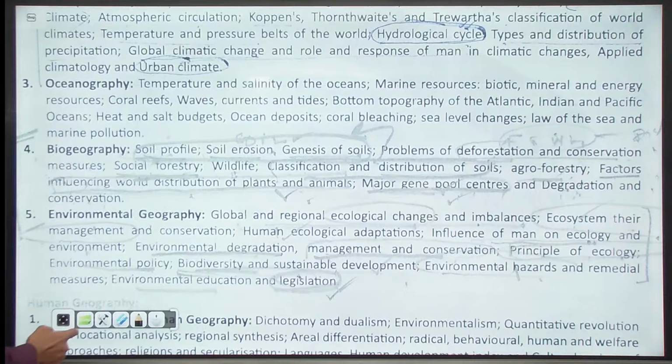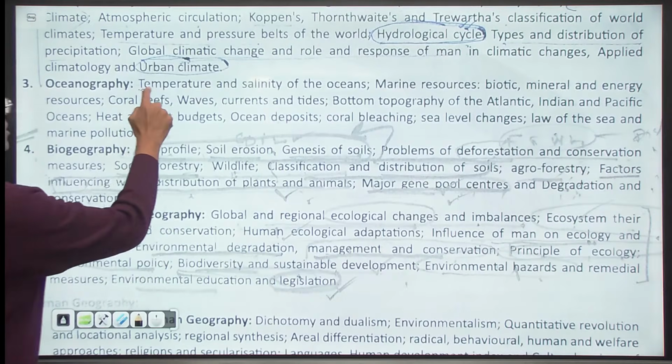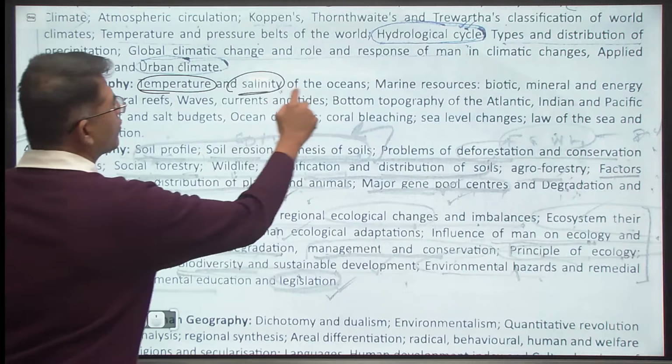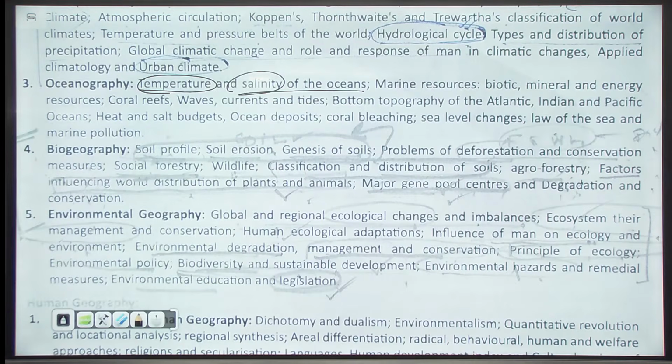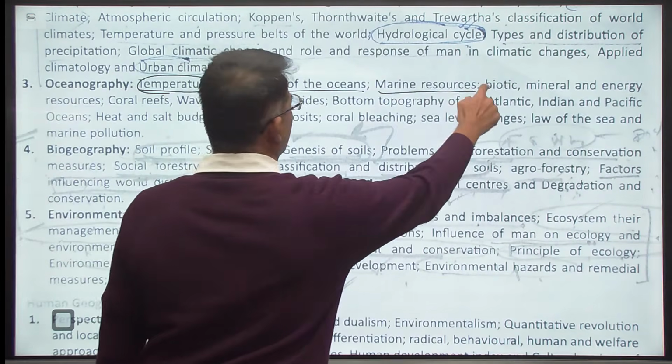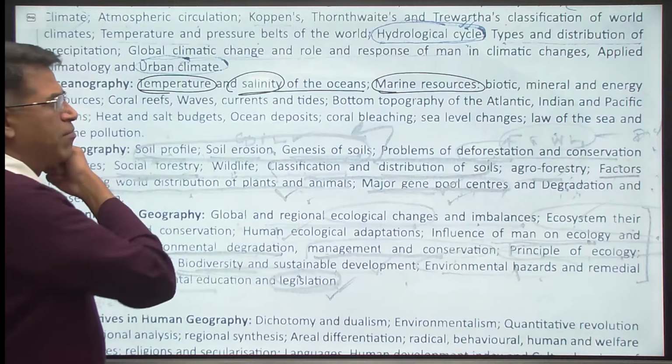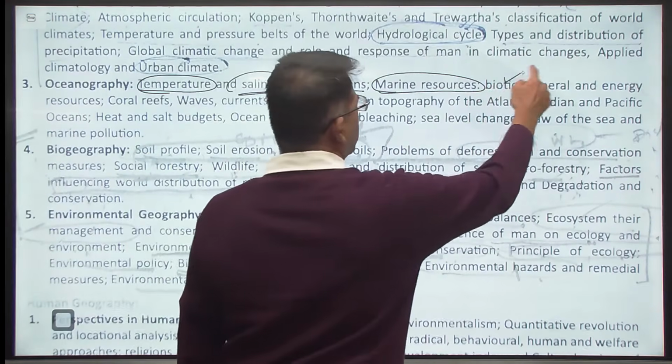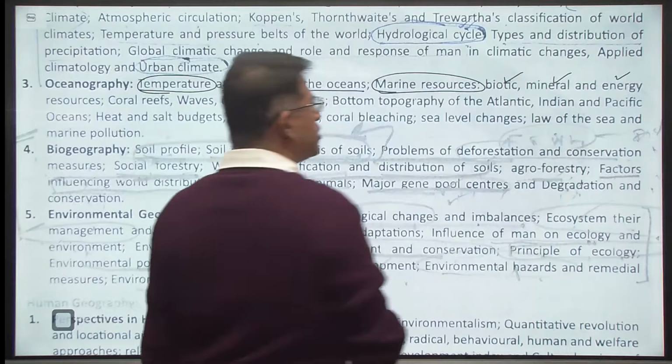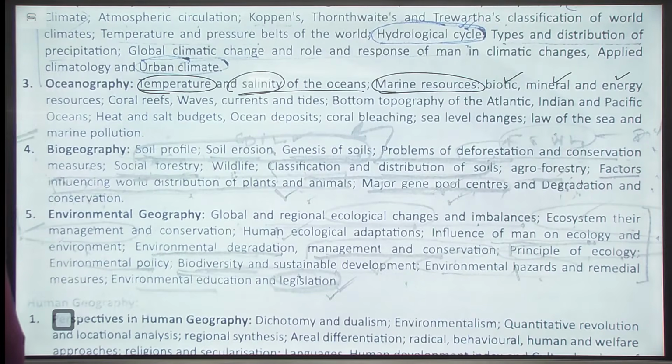So the topics are temperature and salinity of the oceans. Write down please, syllabus of oceanography. Temperature and salinity of the oceans. Marine resources. Marine resources में biotic, mineral and energy resources.